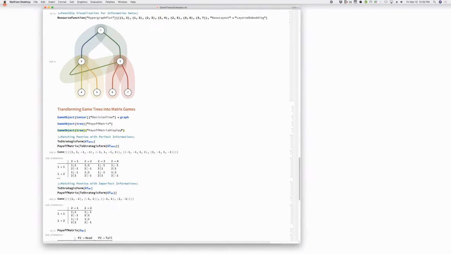The thing is that different game trees can give the same matrix structure. For example, for matching pennies, you can permute the players. If player 1 has complete information, I get it.